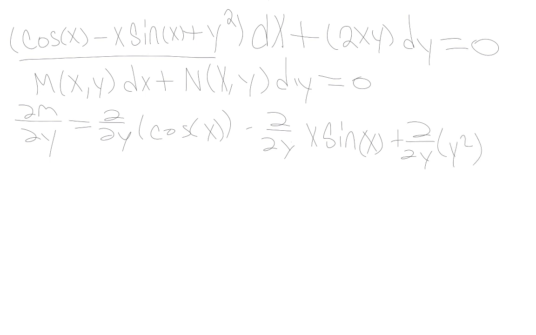And all of these terms, this cosine x and this x sine x, they go away, but this y squared stays. It becomes 2y when I take the derivative of that with respect to y, just like any regular derivative.